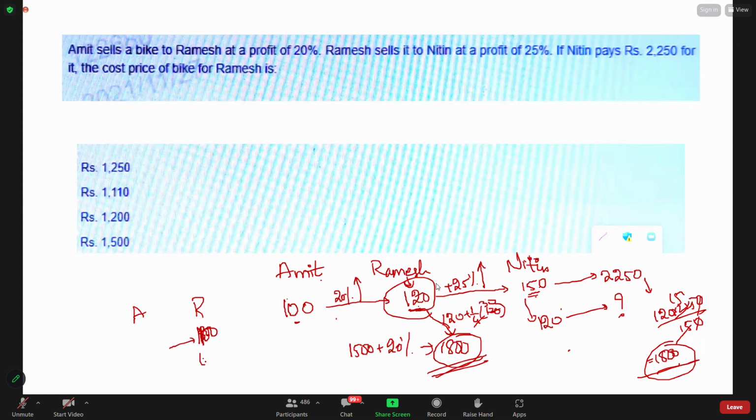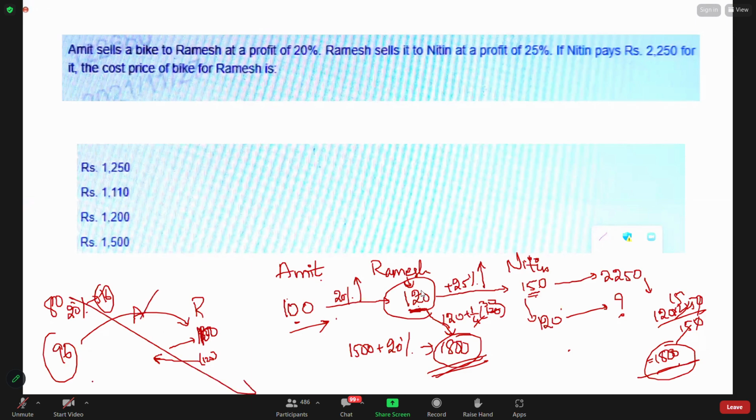So this becomes 120. No, 80. How will it be 80? 20% of 80 is how much? It is 16. So you'll come down to 96. You'll not come to 100. You cannot consider something in between as 100. You can consider only the initial point as 100, always. So you cannot consider this way.